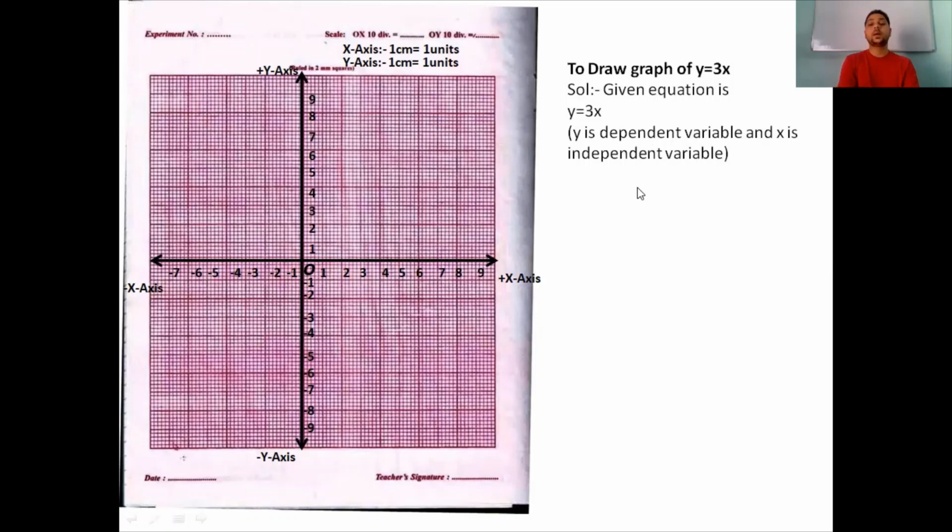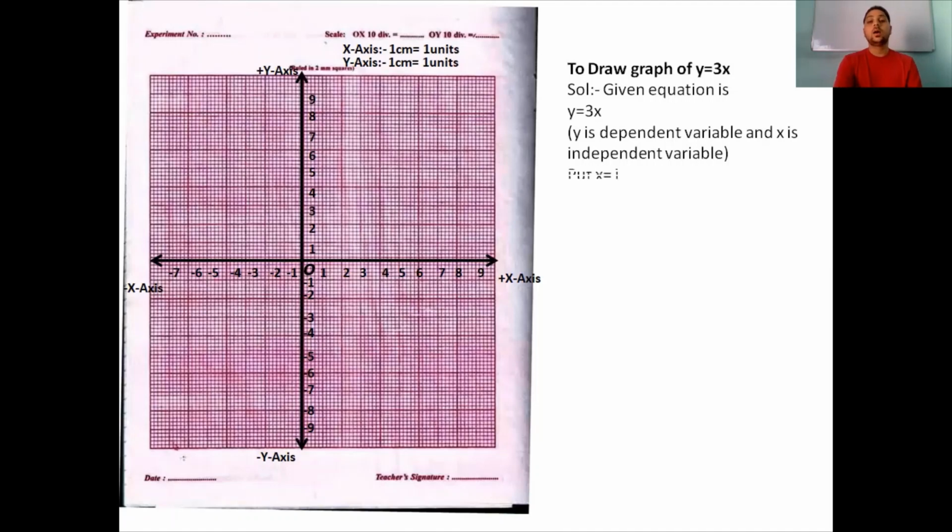Normally, remember this: in any equation we have to take those values of x so that the value of y will be in integer form. On the whole, we'll take those values that are easy to express on the graph.